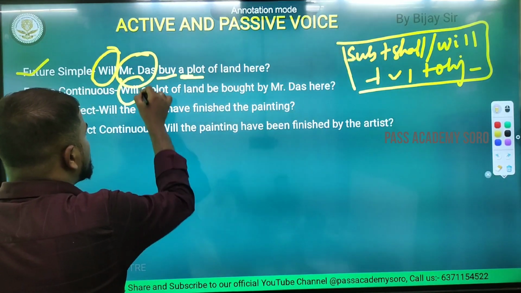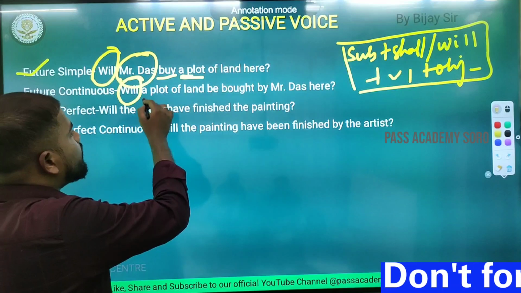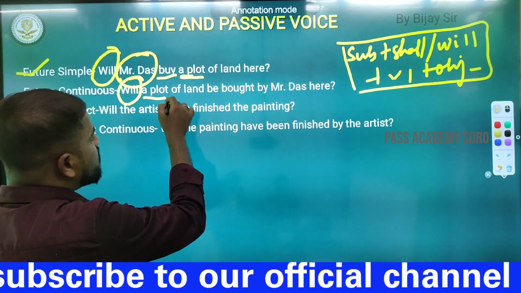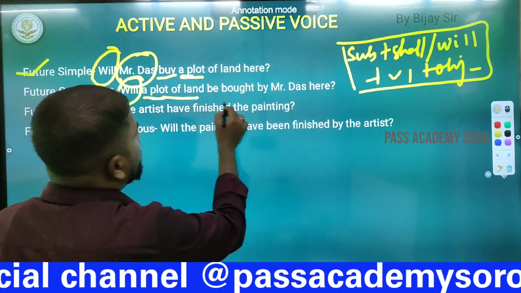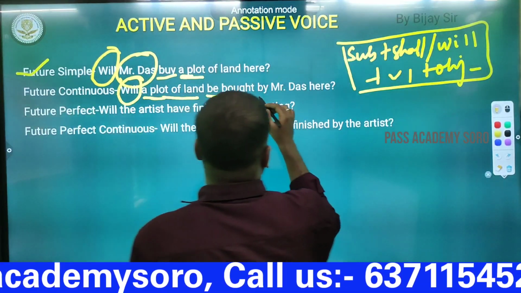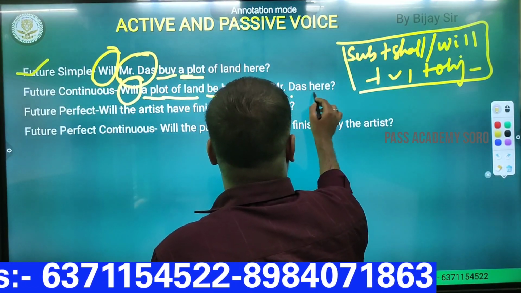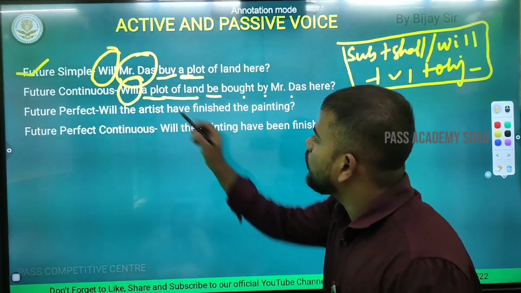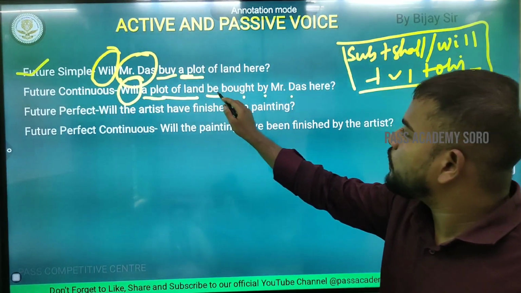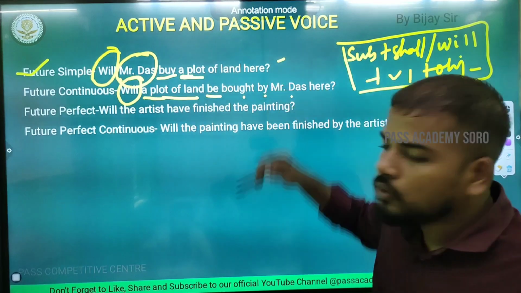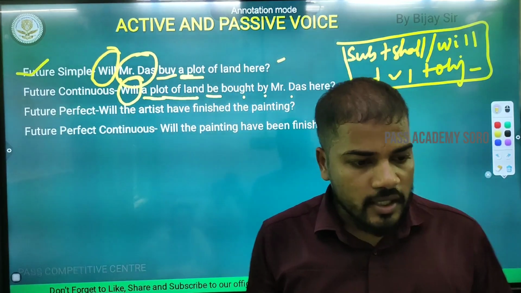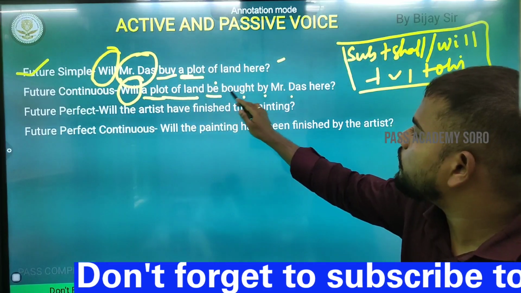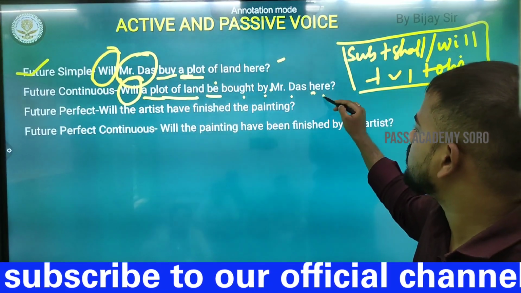So we use the helping verb will, and then a plot of land, which becomes the subject. Will a plot of land be bought by Mr. Das here? The third form of buy is bought, right? Because it is in future simple, we use "be" here. Will a plot of land be bought by Mr. Das here?